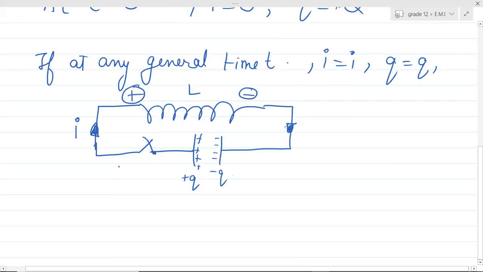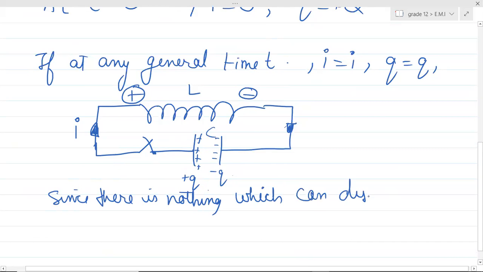No. So what is happening here basically? Can I say this particular thing, that since there is no resistor involved, since there is nothing which can dissipate energy, only I have an L and a C connected in series, right?